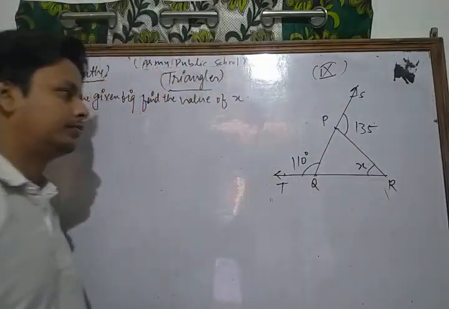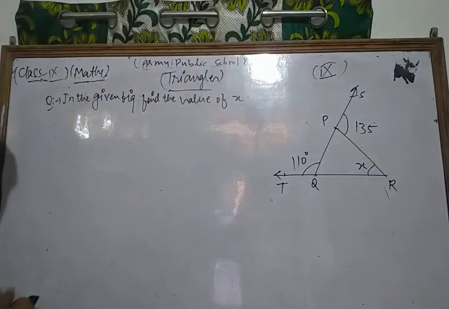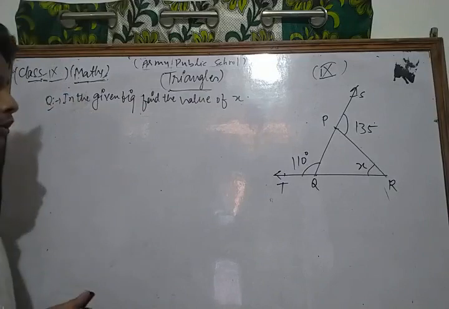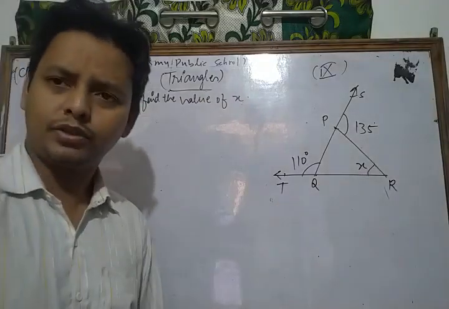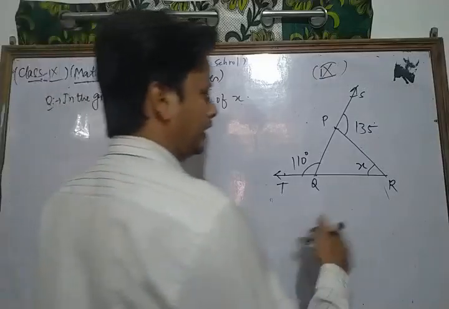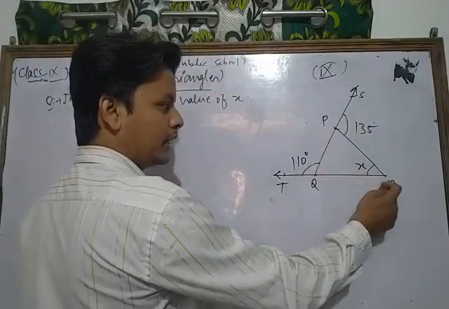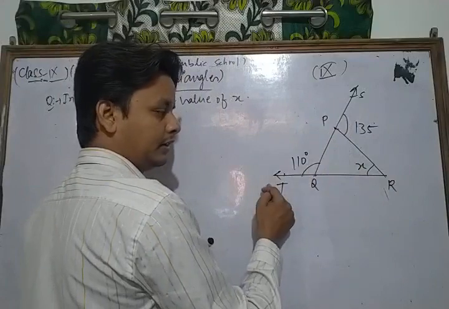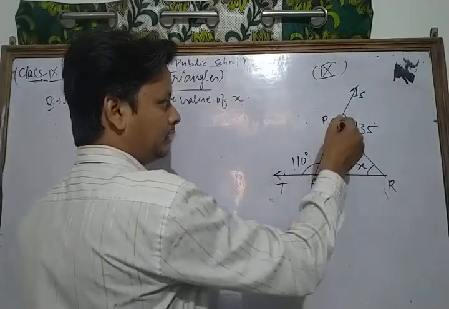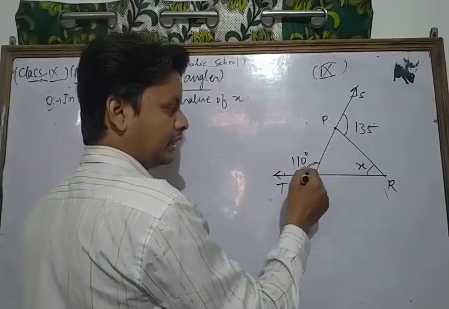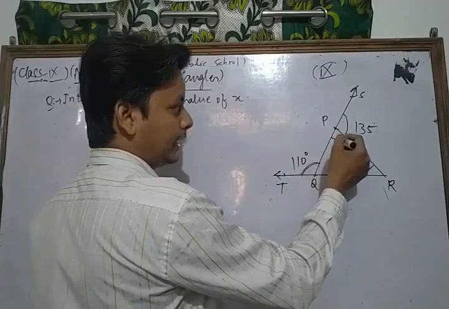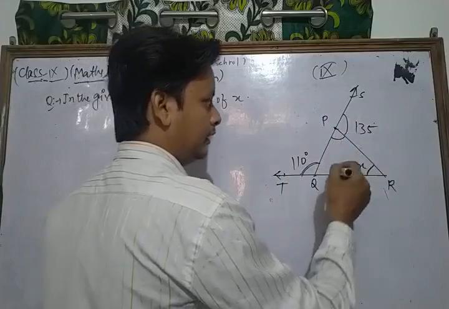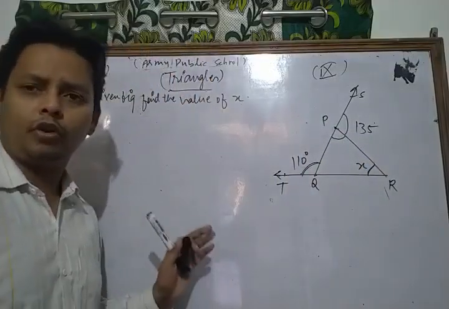Now dear student, in that figure we find the value of x. First of all, let's see the figure here. In triangle PQR, side QR is produced to D. Then angle PQT, an exterior angle, is formed, and that angle is equal to the sum of its two opposite interior angles P and R. This is the property of the exterior angle.